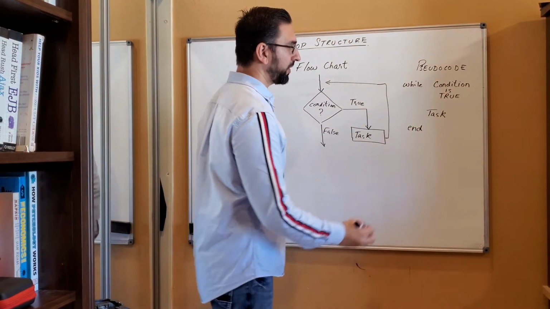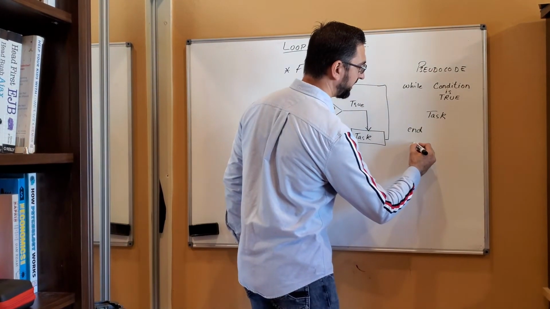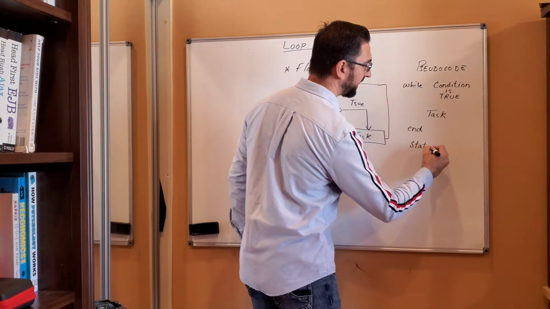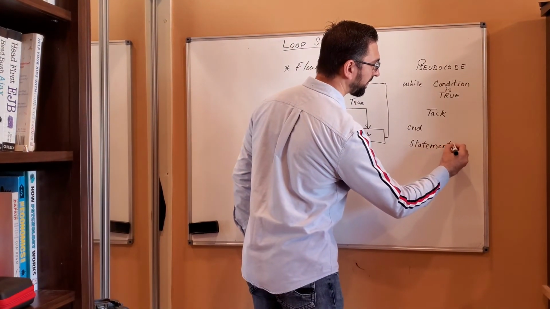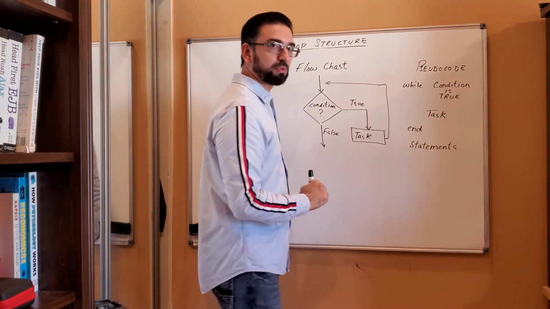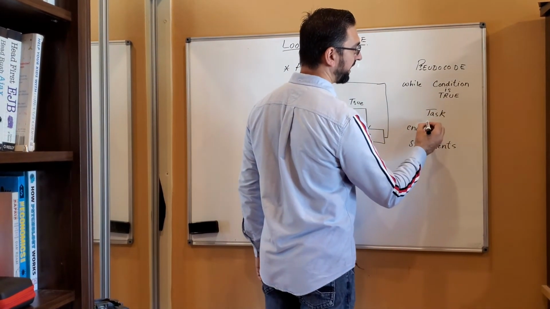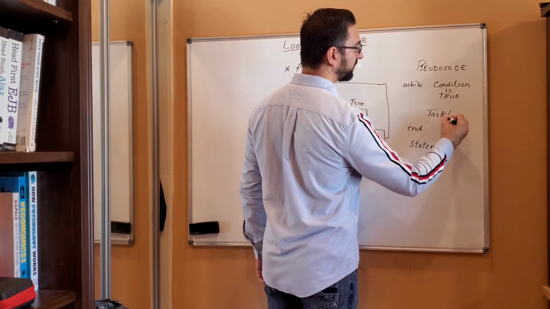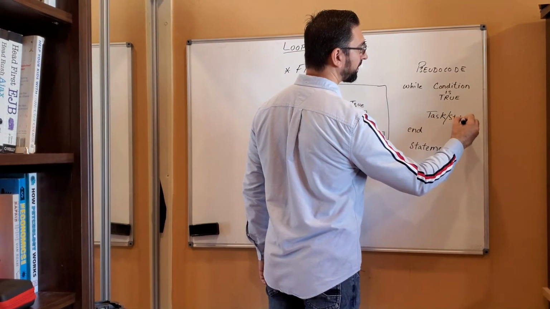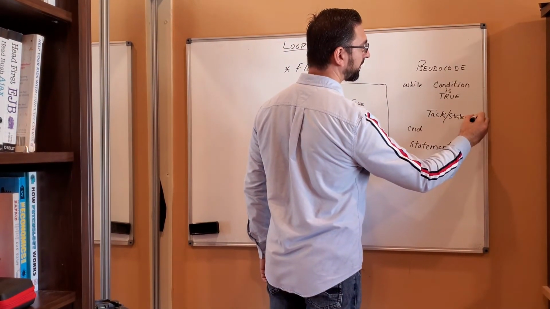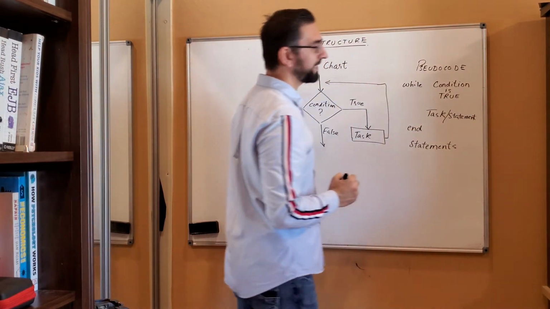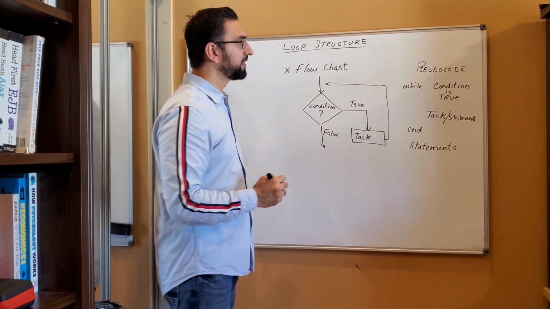Any task or statement that is outside the while loop will not be executed multiple times. Only the tasks or statements that are inside the while loop will get executed multiple times.